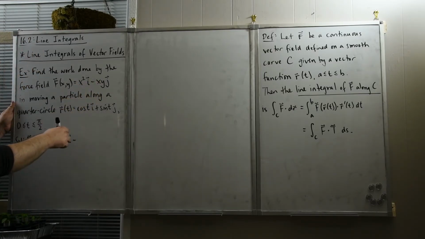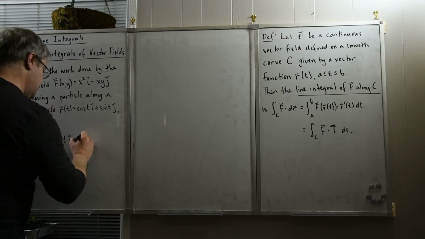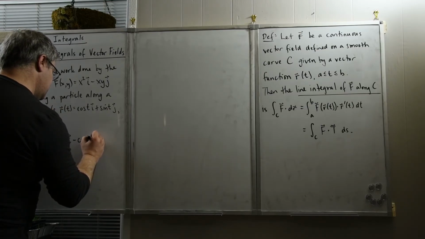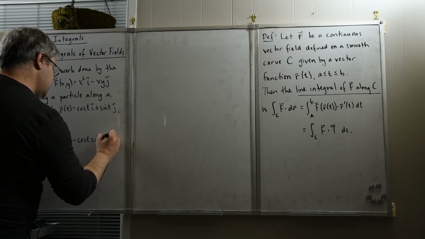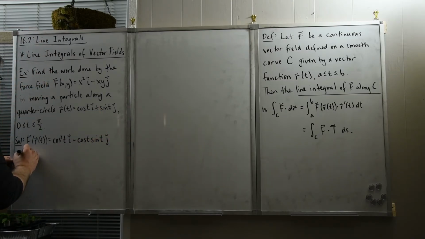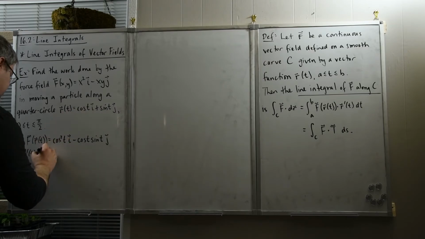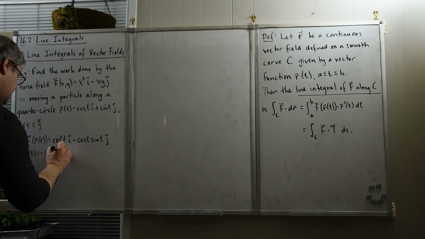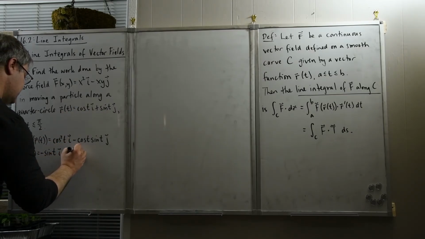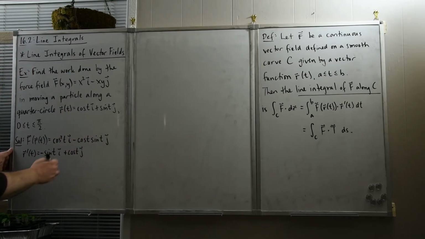Then minus xy j, well the y is going to get replaced with sine t, so we'll have a cosine t sine t j. And remember, r prime we got by taking the derivatives of the component functions of r. So we'll have a negative sine t i plus cosine t j.